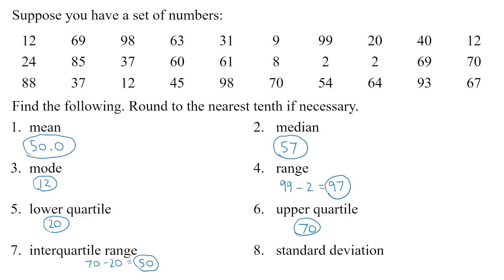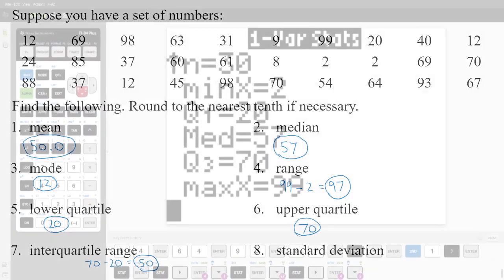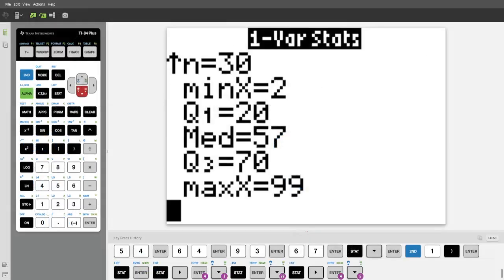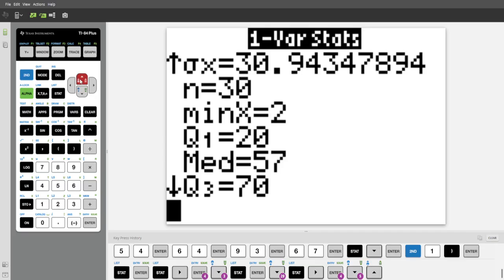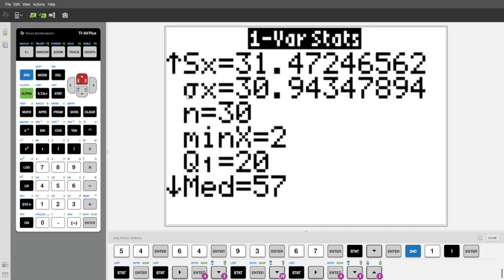Finally, the standard deviation. So in your TI-84 calculator, we're going to go back up, and where it says σx, that's right here. That's 30.94347894. That's your standard deviation.